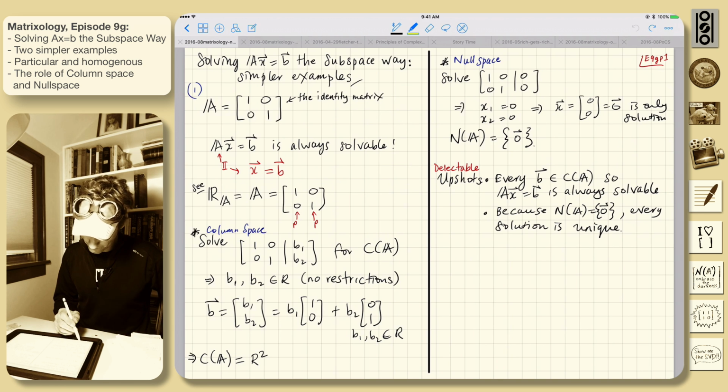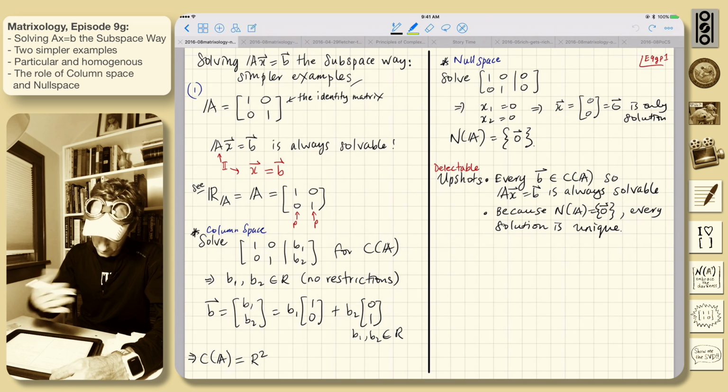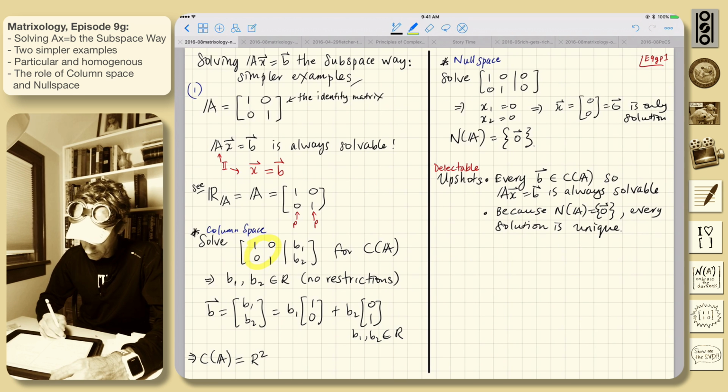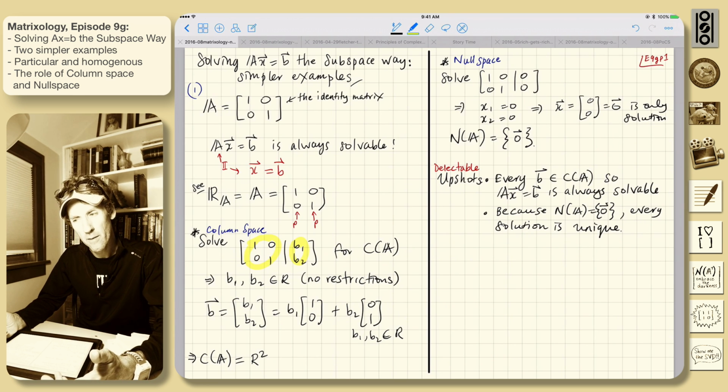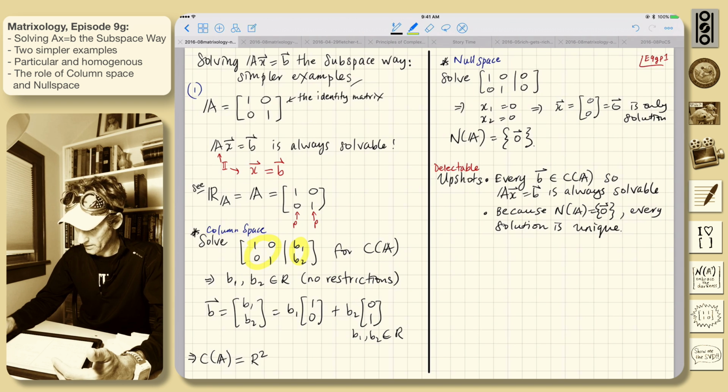Column space. Let's just solve for it in the way we've set things up. We put the A matrix here, and we put a general B in the right-hand column of the augmented matrix, B1, B2. I'm just going to solve it. It's already done.